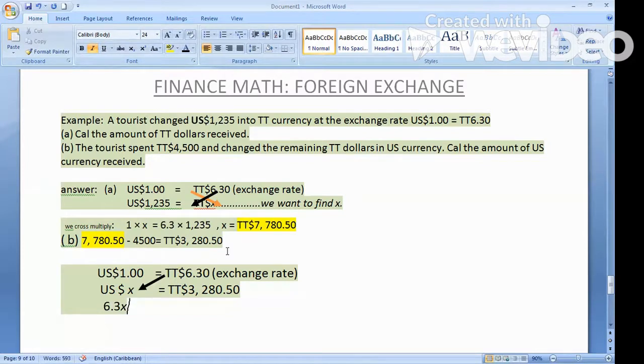It's like saying, what is 6 times X? 6 times X will be what? 6X. And that is equal to the one over here. So it's going to be 1 times what? 3,280. So you cross multiply this one too.